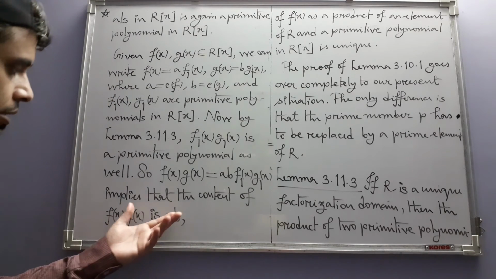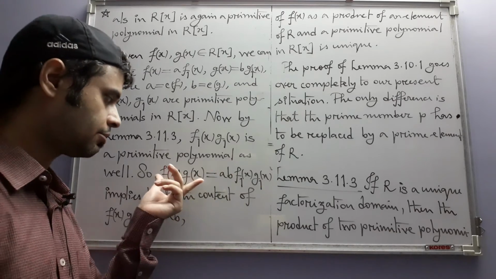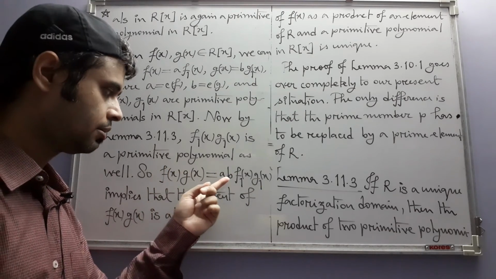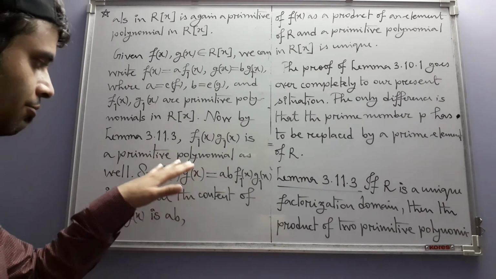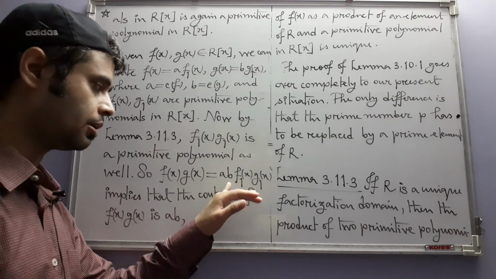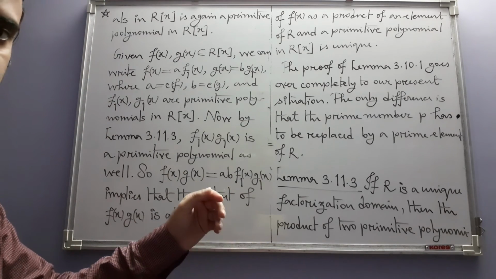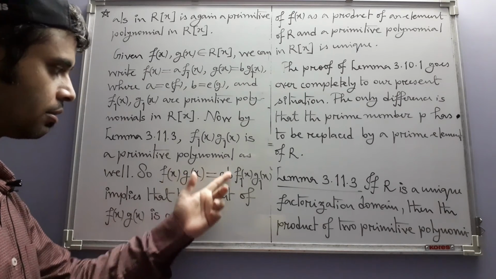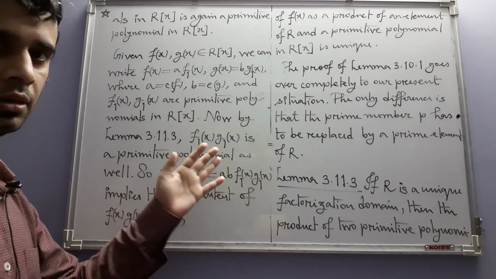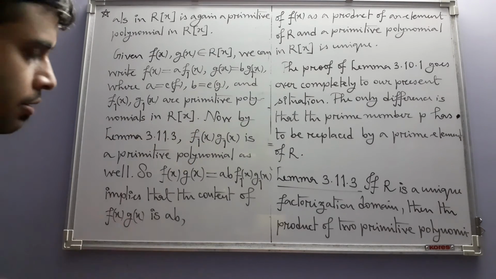We can draw this conclusion from the fact that the factorization of such a polynomial as a product of its content and a primitive polynomial is essentially unique, except for multiplying the content by a unit from the unique factorization domain.